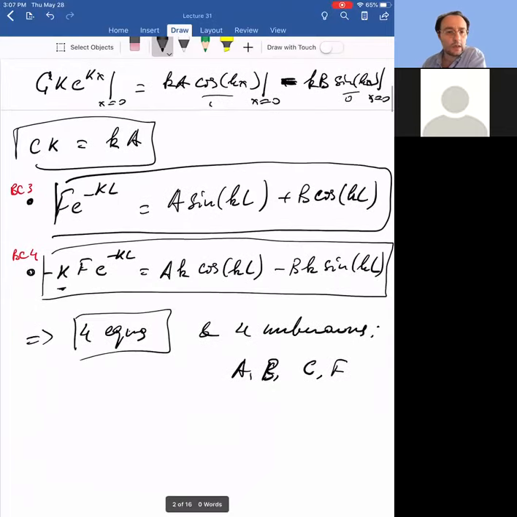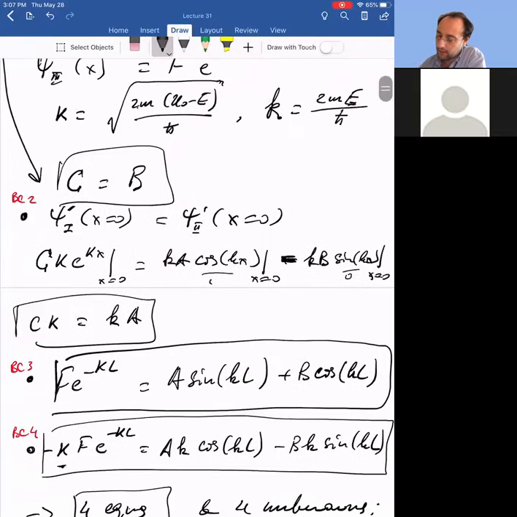Okay, so from the first two, from this one and this one, what do we learn? Well, first of all, it says B equals C, so I can substitute B right here. So I'm using up equation 1, and this gives me B kappa equals Ak.